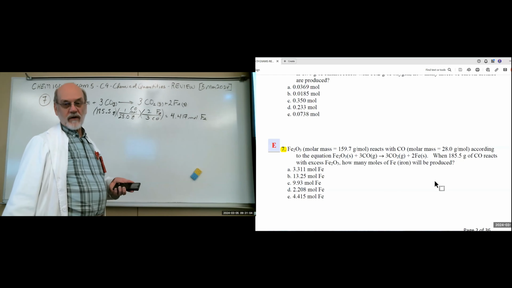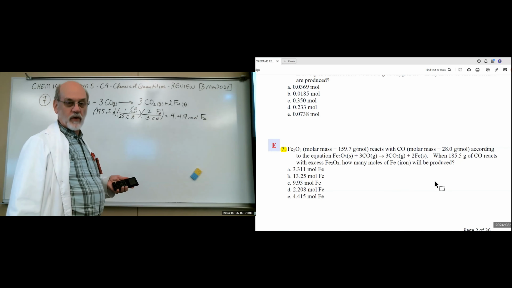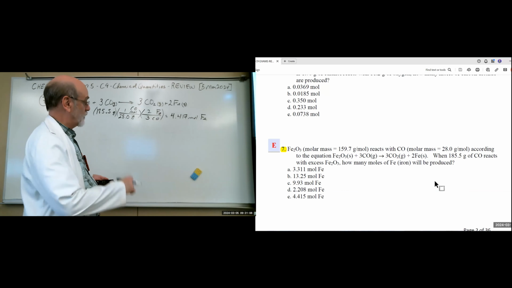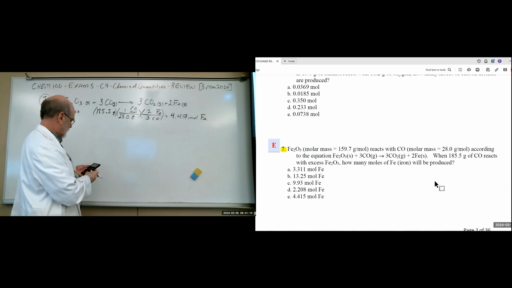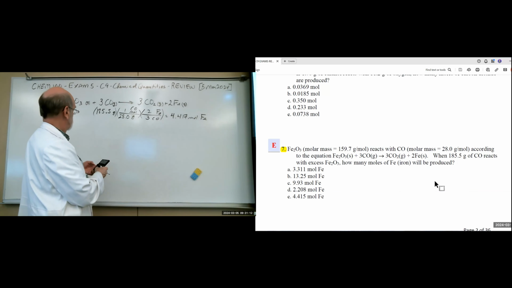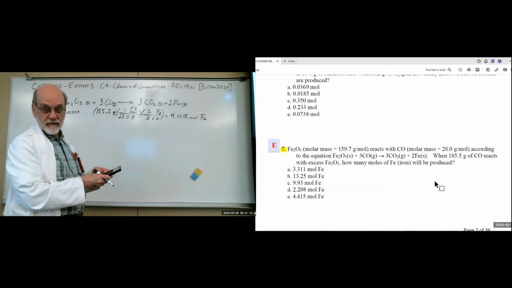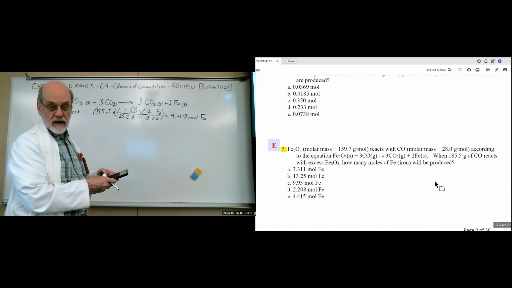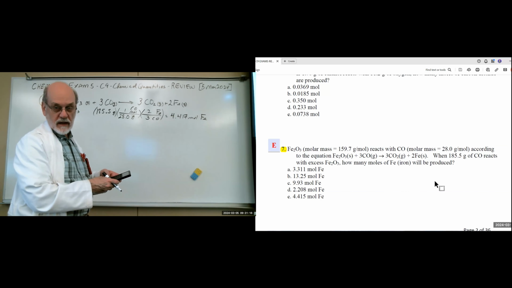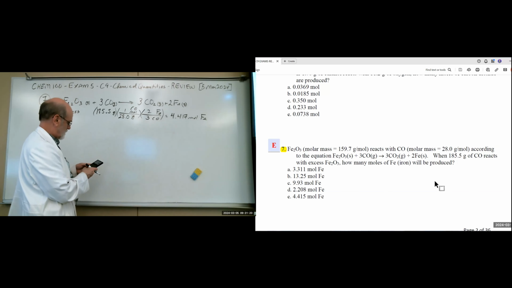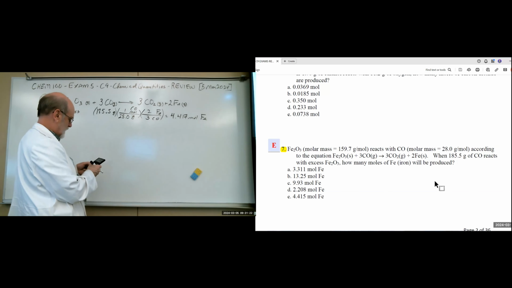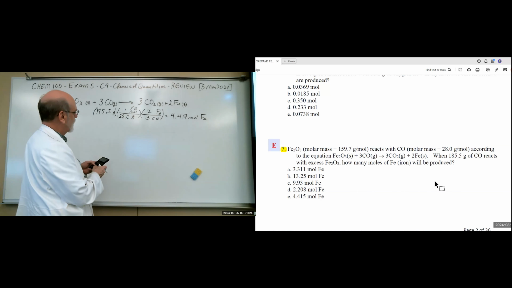All right, rounding error. 4.415 is the closest answer in that group. If I did it correctly, let's see, 185.5. Yep. Divided by 28, okay, times 2, divided by 3.